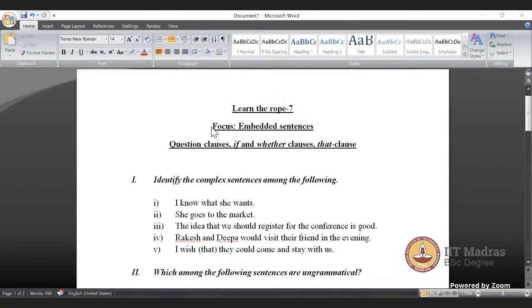Only if the object takes a clause can you call it a complex sentence, okay? Now, the last one, I wish they could come and stay with us. How about this? Is that a complex sentence?